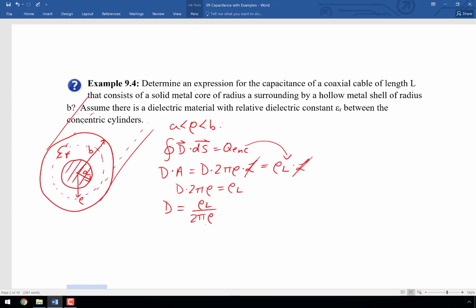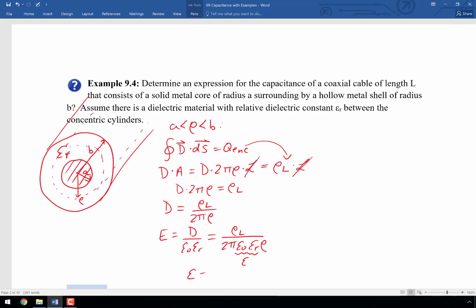Remembering that rho sub L is the linear charge density, coulombs per meter, and rho is the radius in between those two. Now that we have the D, we can go ahead and calculate E. So E is going to be equal to D divided by epsilon 0 times epsilon r, which is rho sub L divided by 2 pi epsilon 0 epsilon r times rho, or we can just represent those two together as just epsilon.